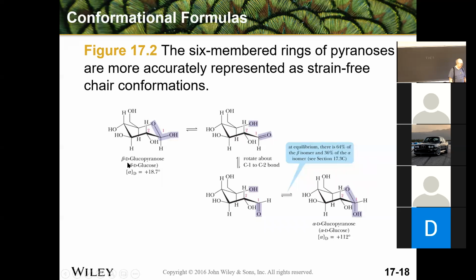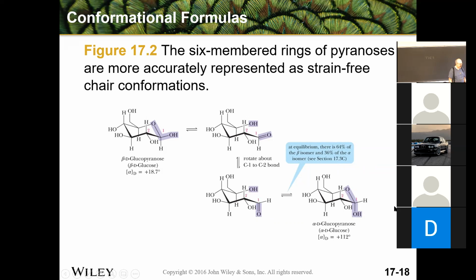So here is beta D-glucopyranose. The ring opens to form glucose. And then when it closes back up, then we have the alpha. At equilibrium, there is 64% of the beta and 36% of the alpha isomer and less than about 0.5% of the open chain.